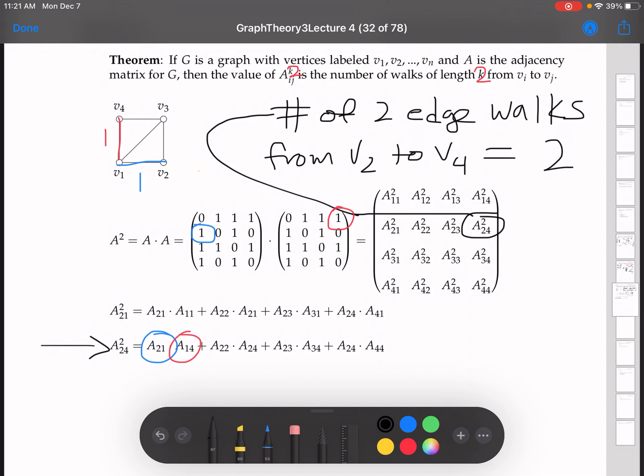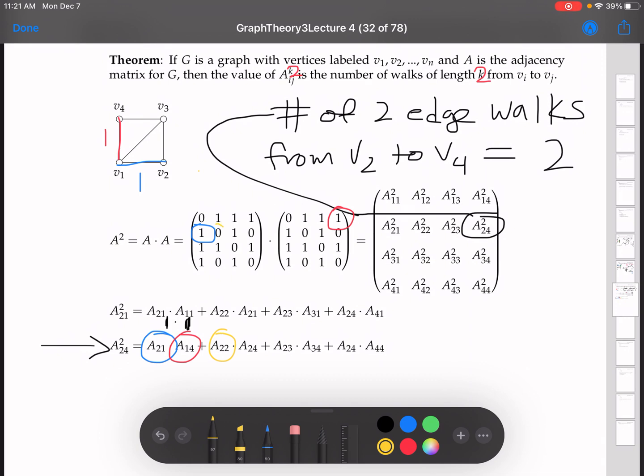You see now that's a 1 times 1. So this first one right here, that's saying there is an edge from V2 to V1. If you put that together with there is an edge from V1 to V4, then you have 1 two-edge walk.